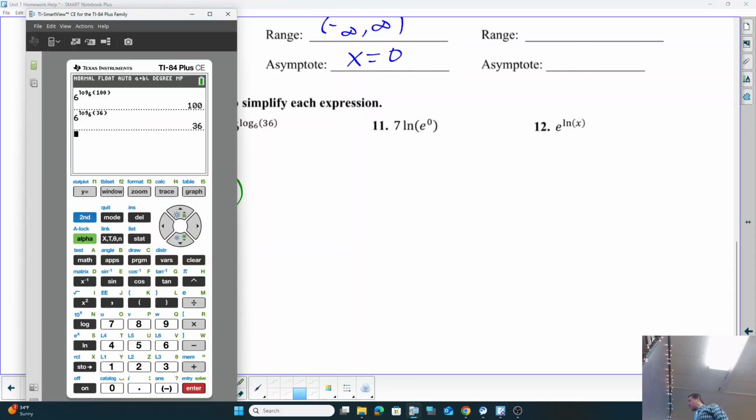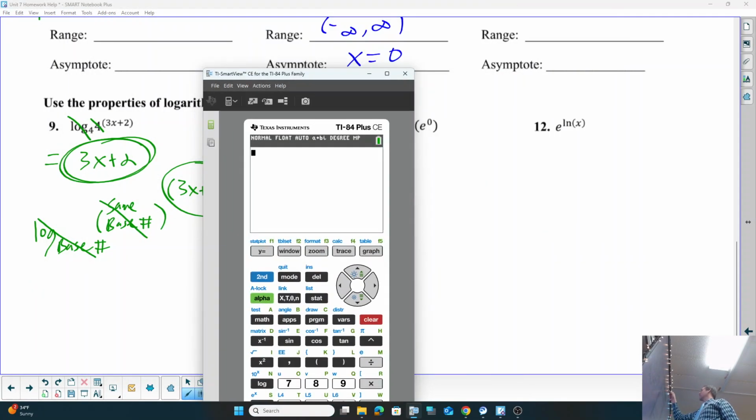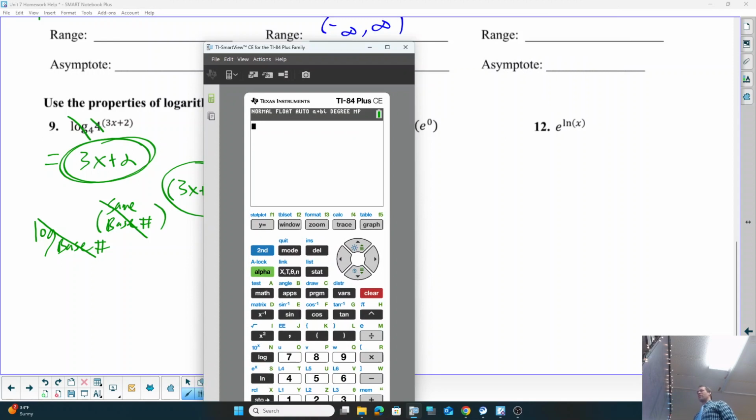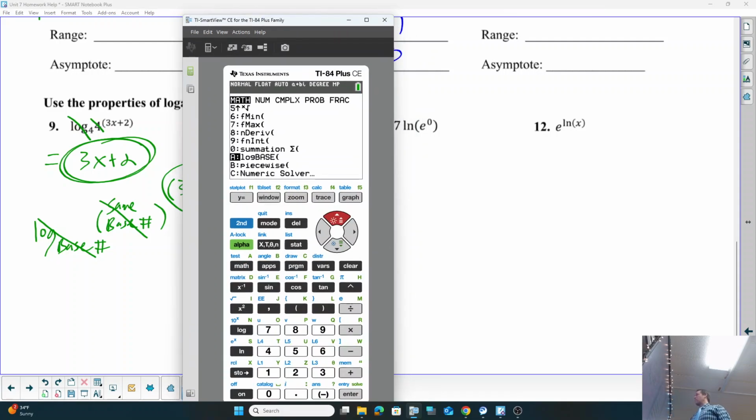And I'll go ahead and prove it to you with our calculator. Let's try an example. We're going to go math button and do log base 4 of 4 to the power.